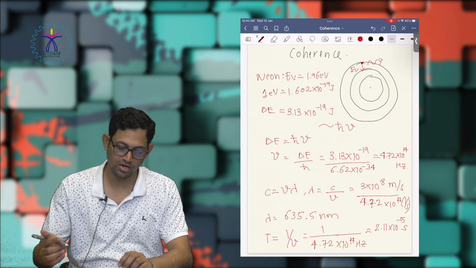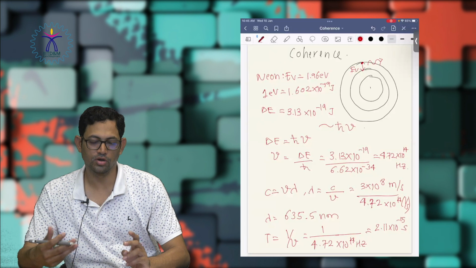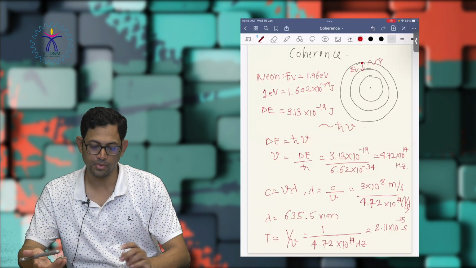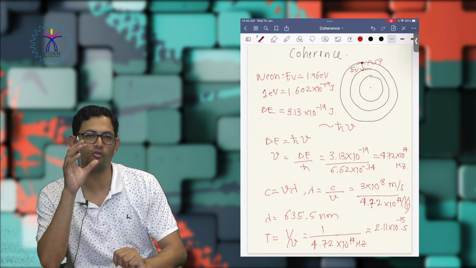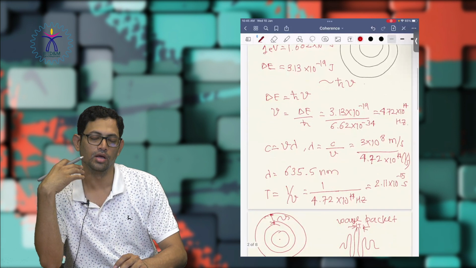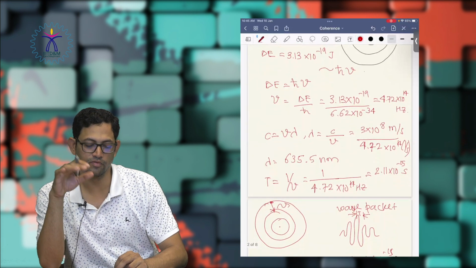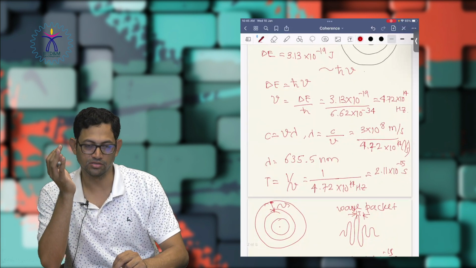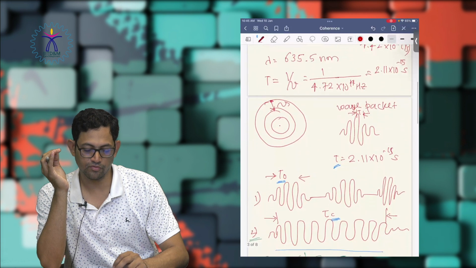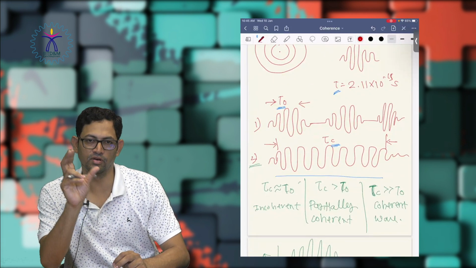So we first started with the generation of wave packets. For a single atom, there is a movement of electron from a higher band to a lower band. It creates a particular wave packet of a particular wavelength, which we can find using Planck's equation, and the wave packets could be generated at different time instants.